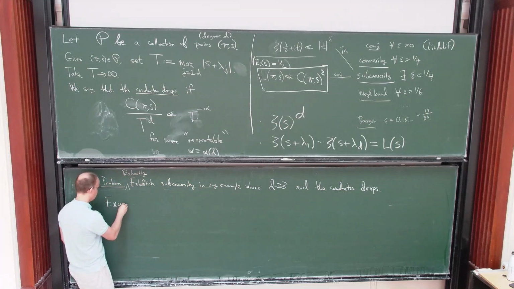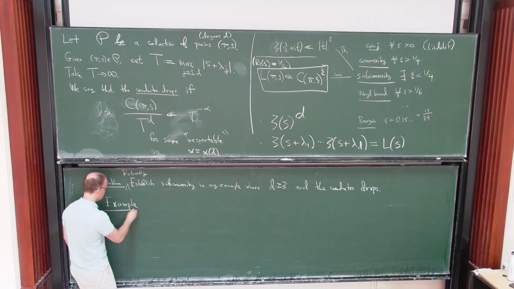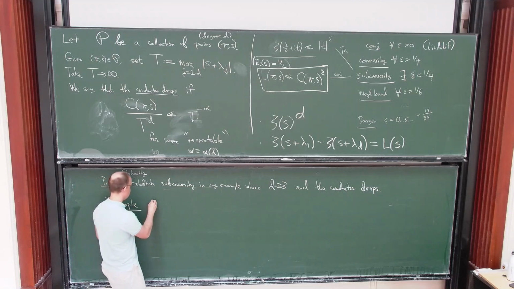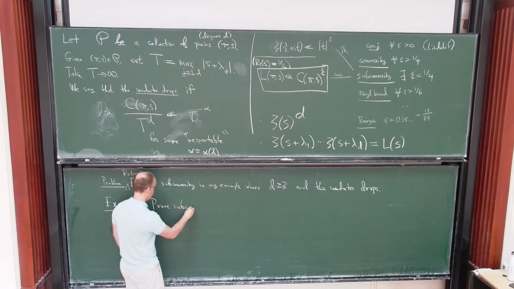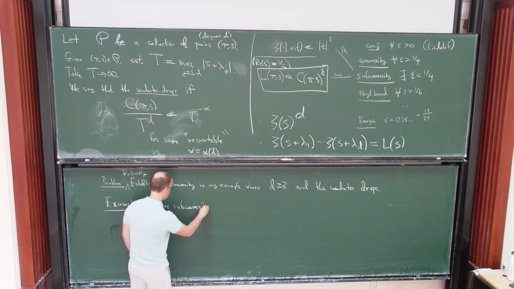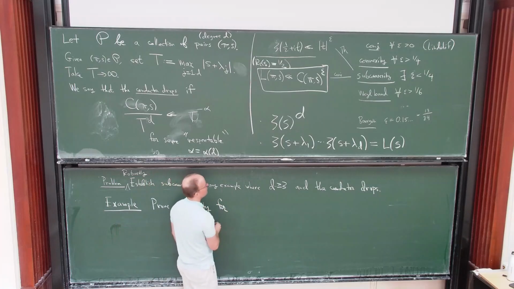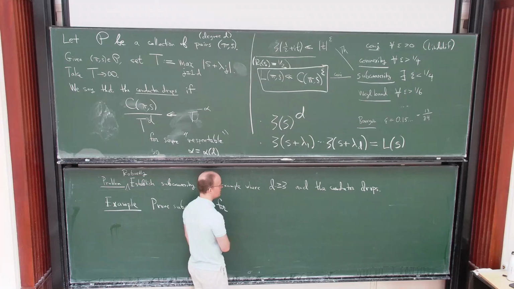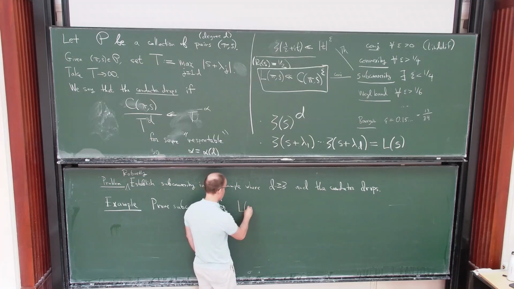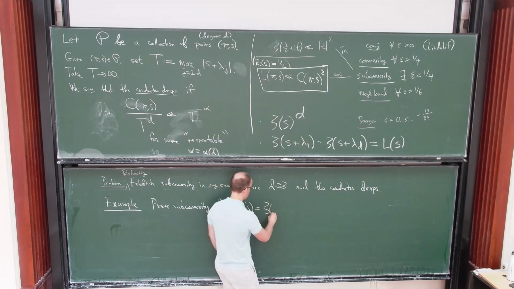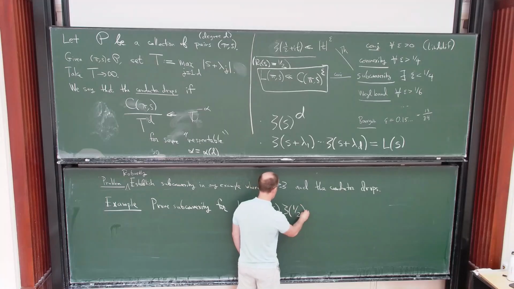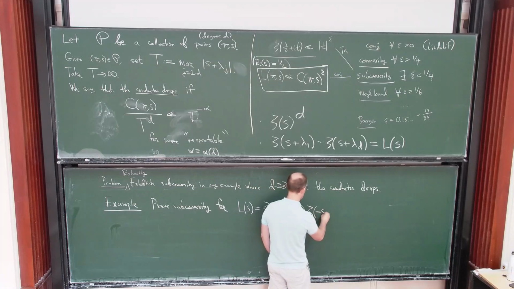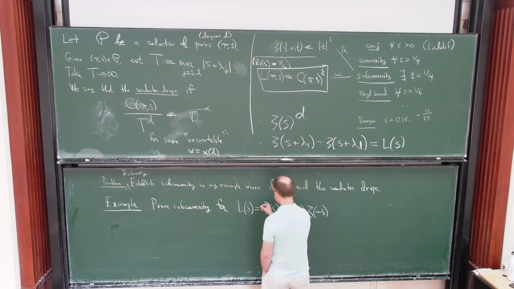So an example would be: prove subconvexity for, so I wrote down this shifted product up here. Let's take, for example, L of s to be zeta of s times zeta of 1/2 times zeta of negative s.